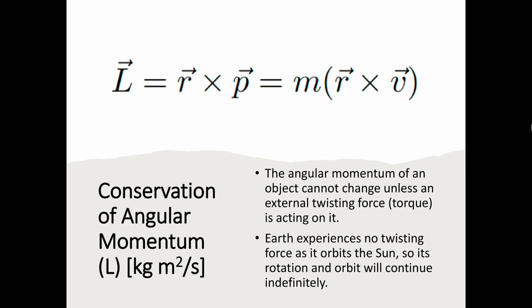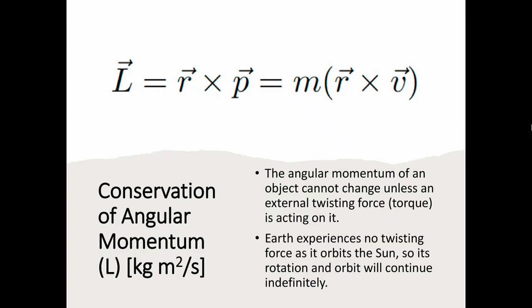And just like conservation of momentum said that if there's no external forces, then your momentum is conserved, conservation of angular momentum says if there's no twisting forces, which are known as torques, then your angular momentum has to be conserved.